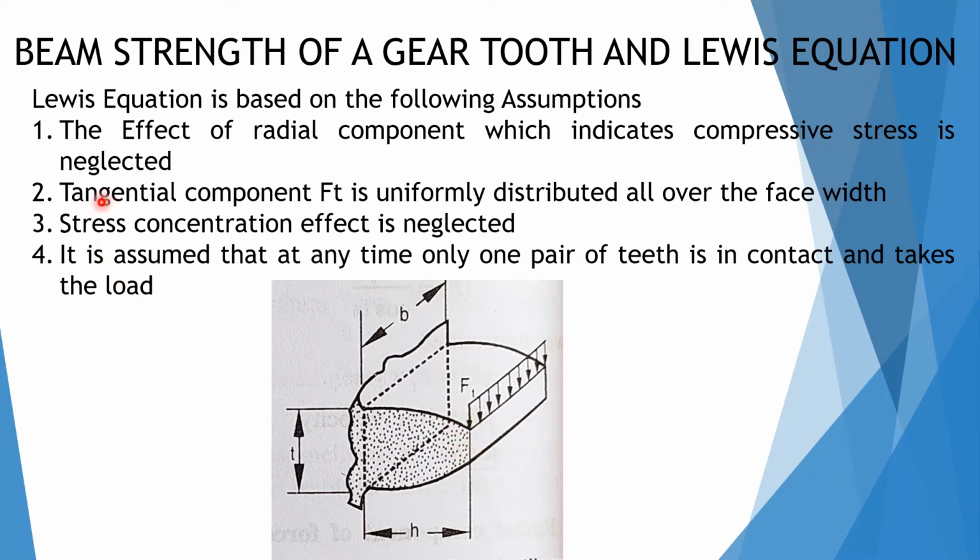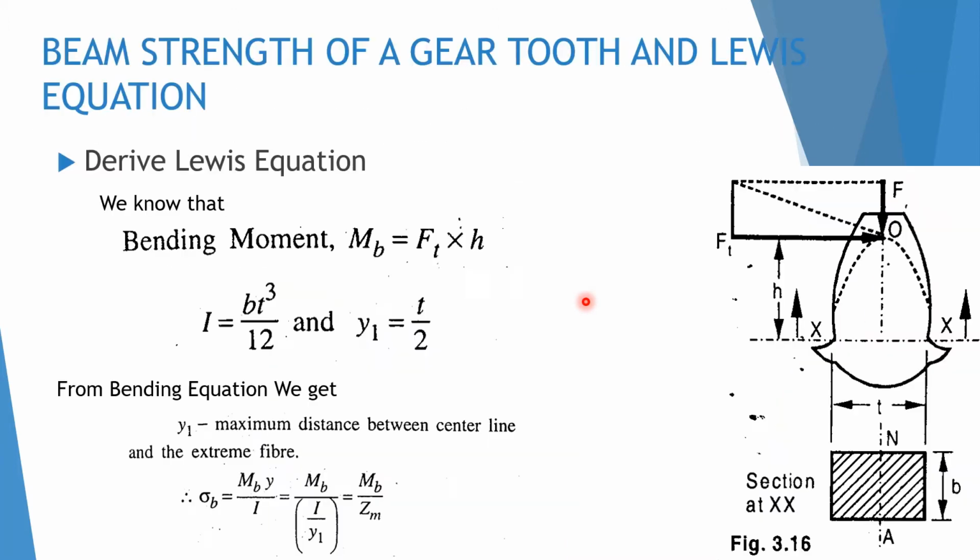The second assumption is that the tangential component Ft is uniformly distributed all over the face. The stress concentration effect is neglected, and at a particular time only one tooth is in contact with another tooth. So these are the four assumptions for formulating the Lewis equation.